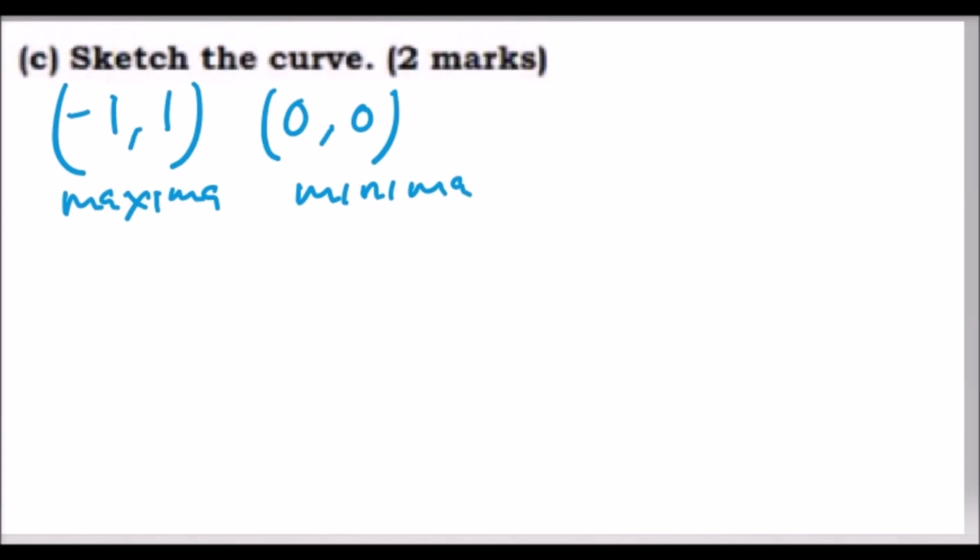So to sketch this, note the word is to sketch. You are not expected to have a graph and make the exact curve, or it is not provided. If you check from the question, you just make a sketch of the graph.